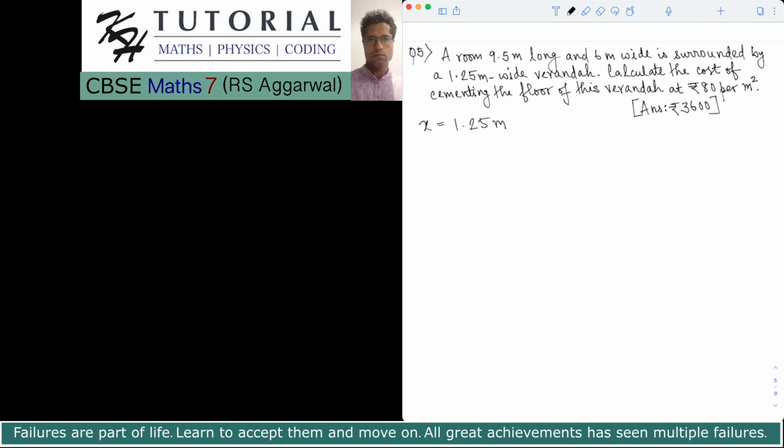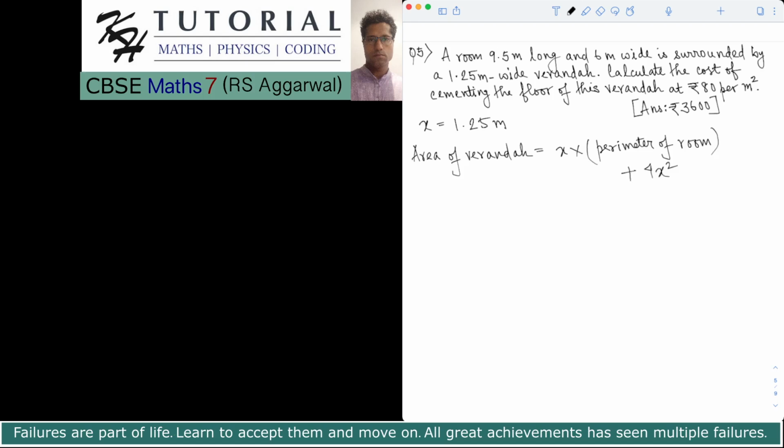Since the veranda is acting like a path and it is surrounding the room, which means that it is outside the room, the area of veranda formula will be x multiplied by perimeter of the plot. The plot in this problem is the rectangular room, plus 4x square.